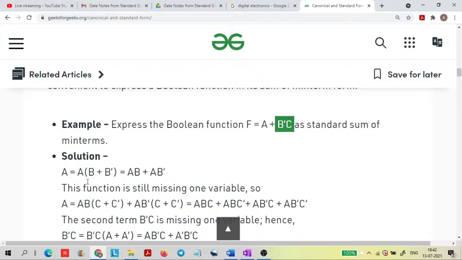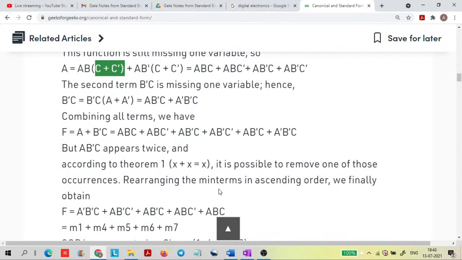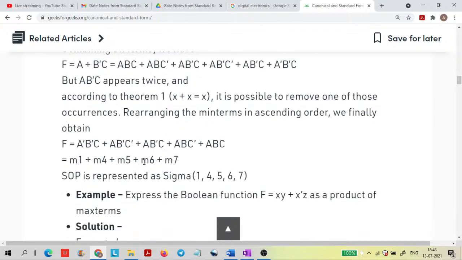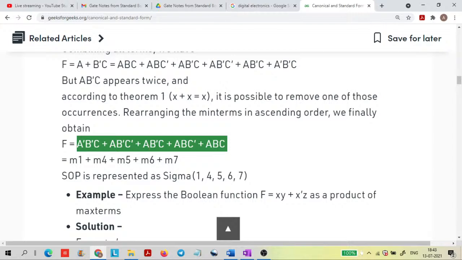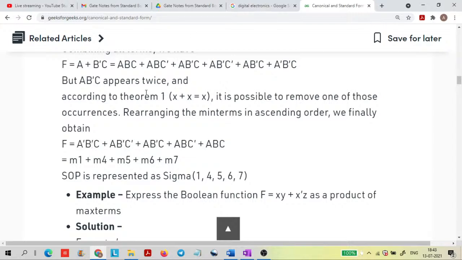So we can write a into (b plus b bar), which is equivalent to this one. Then c is missing, so again we can write it as discussed just now in this video. It should contain all the variables. If it is a 3 variable function, it should contain all the 3 variables.